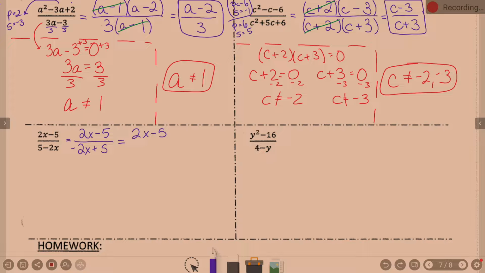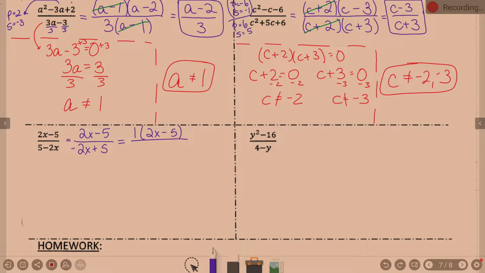I don't think you can. And if all else fails, what's always in common? The 2. A 1. So officially, if I factor out a 1 on top as a GCF, well, what happens in the parentheses? 2x divided by 1 is still 2x. Minus 5 divided by 1 is still minus 5.